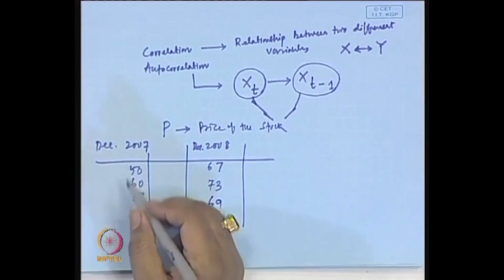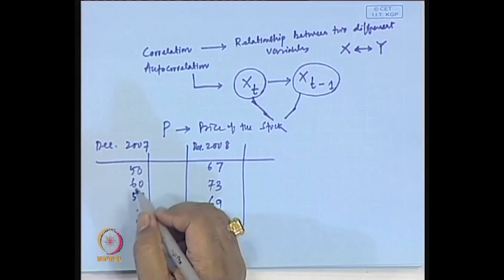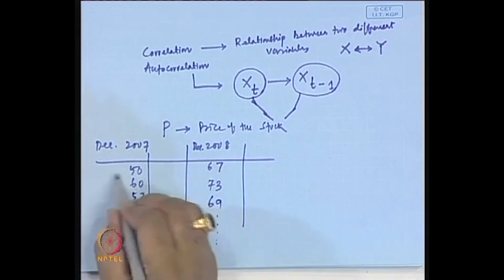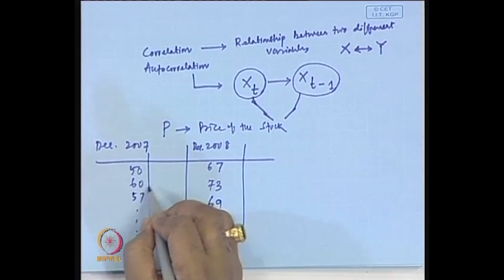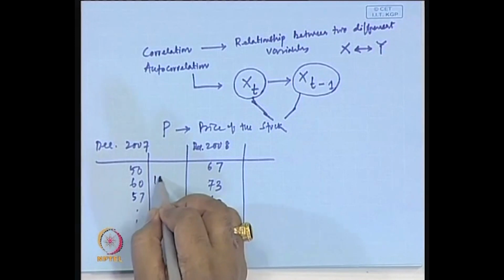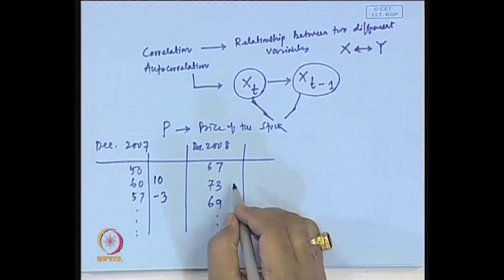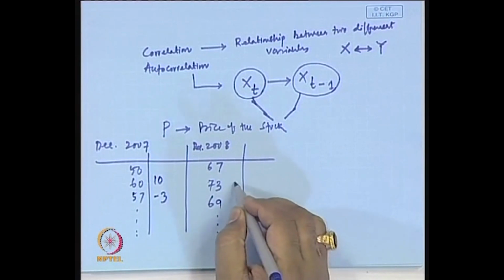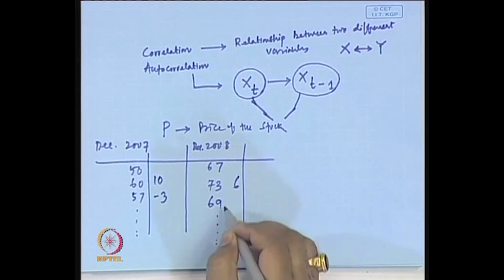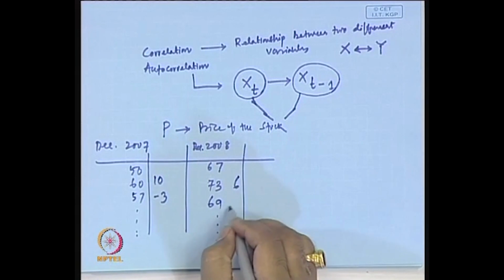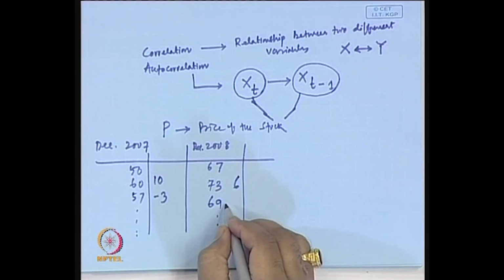This is the price of the stock on different days in the month of December. We calculate the change in price from this, say here it is 10, here it is minus 3, and here it is 6 and minus 4.